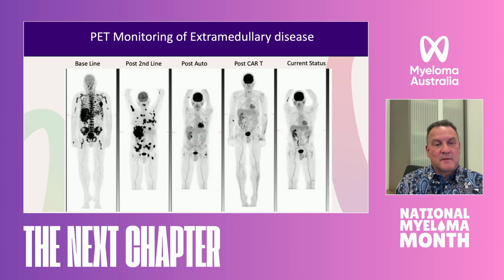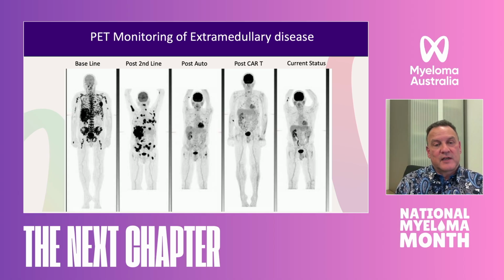And here you can see a patient who has quite extensive disease, both in the bones, but also in the liver, particularly. And this is a relatively aggressive feature of multiple myeloma, that it can live outside the bones and is quite unusual at the start of the journey, but becomes more common the more treatment patients have.